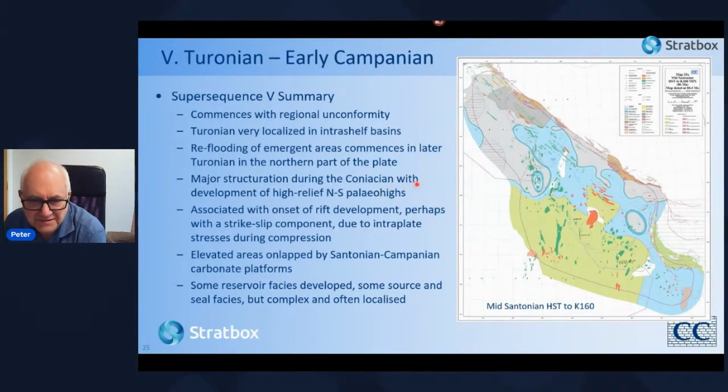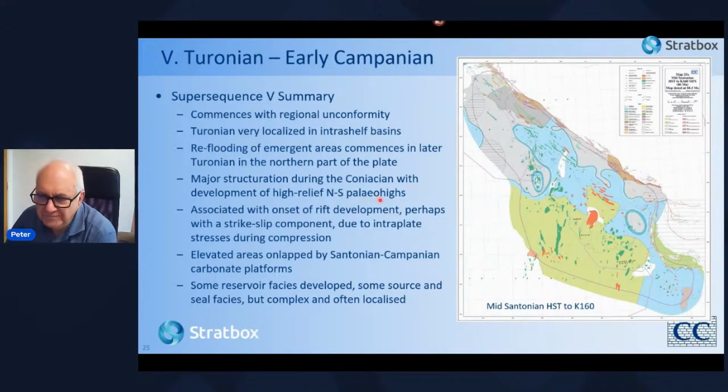There seems to be evidence of major structuration during the Coniacian, with the development of major high relief north-south paleo highs. And then we have the onset of rift development, possibly with a strike slip component due to changing intraplate stresses during the onset of compression.